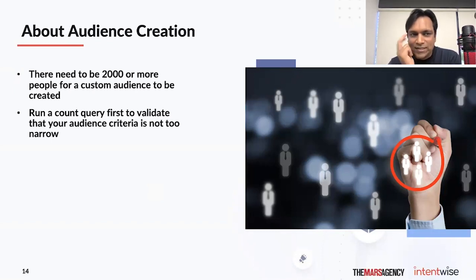In essence, what that implies is the more narrow your criteria becomes, the less likely that you will actually get a sizable audience. Just keep that in mind. And so, basics: every time you add a criterion, just run a count on the query to see if it's sizable enough for you to create one or not.